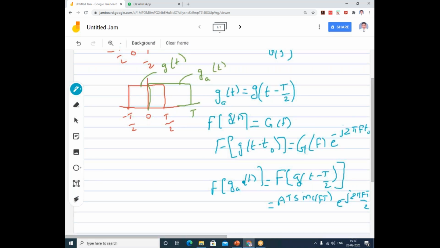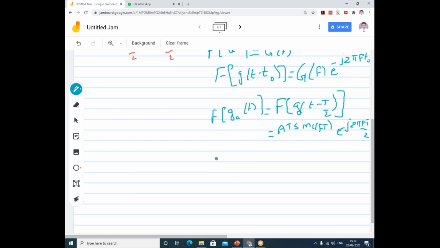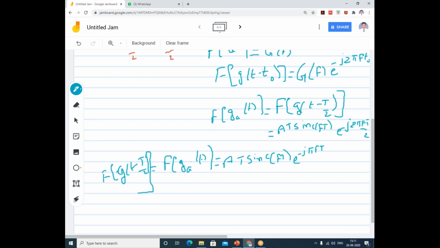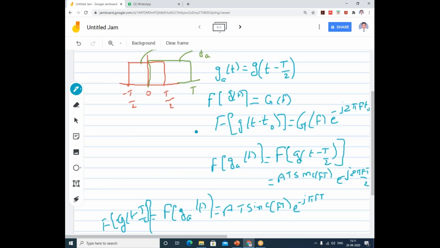If you simplify this, you will get A T sinc of fT into e power minus j pi f capital T. This is what the Fourier transform of g_A of t, or you can say the Fourier transform of g of t minus T/2. So that is how you can find the Fourier transform of this.